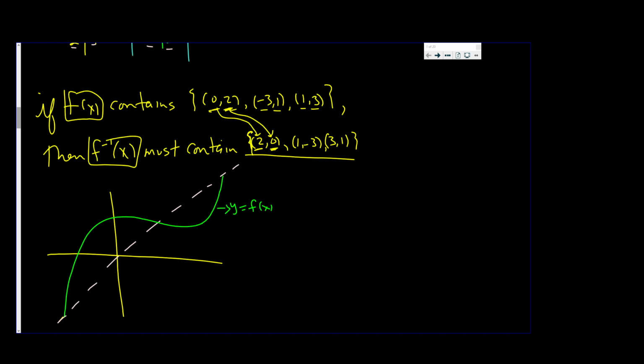Now, if you didn't have the pink line, my advice would be the first thing you should do is draw that pink line, y equals x. Let's even label it. Y equals x. Wow, just draw the mirror image. Looks to me like it would be something like that.